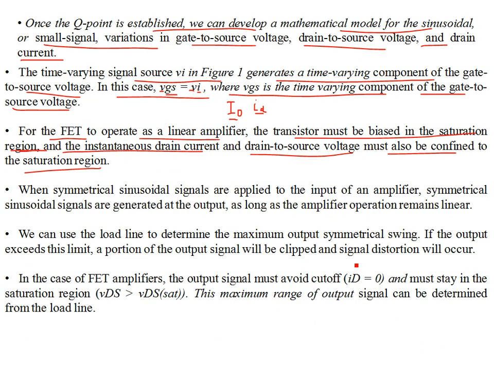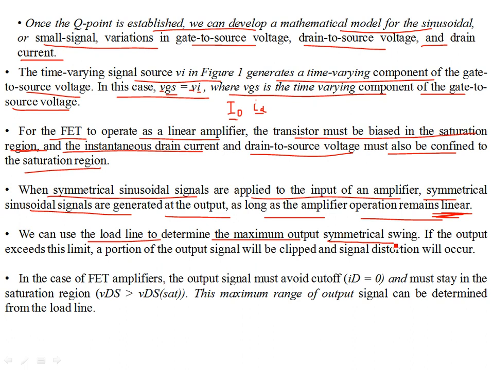Now, when a symmetrical sinusoidal signal is applied to the input of the amplifier, symmetrical sinusoidal signals are generated at the output as long as the amplifier operation remains linear. This is important. So for linearity, the operation has to be in the saturation region. We can use the load line to determine the maximum output of a symmetrical swing. If the output exceeds this limit, a portion of the output signal will be clipped and signal distortion will occur.